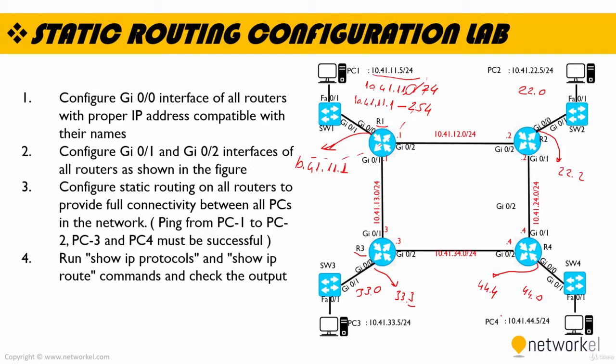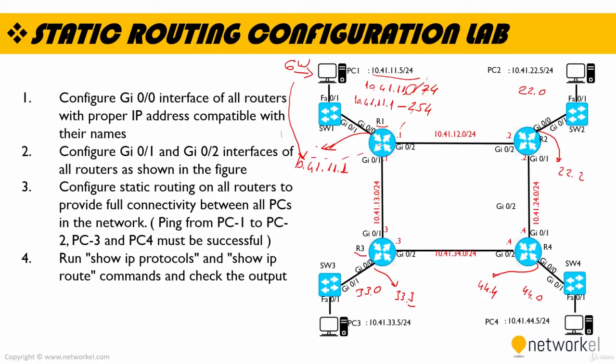And please pay attention that these IP addresses that I have given to the gig0/0 ports should be configured as the default gateway on our PCs. The gateway of this PC should be this IP address, right?